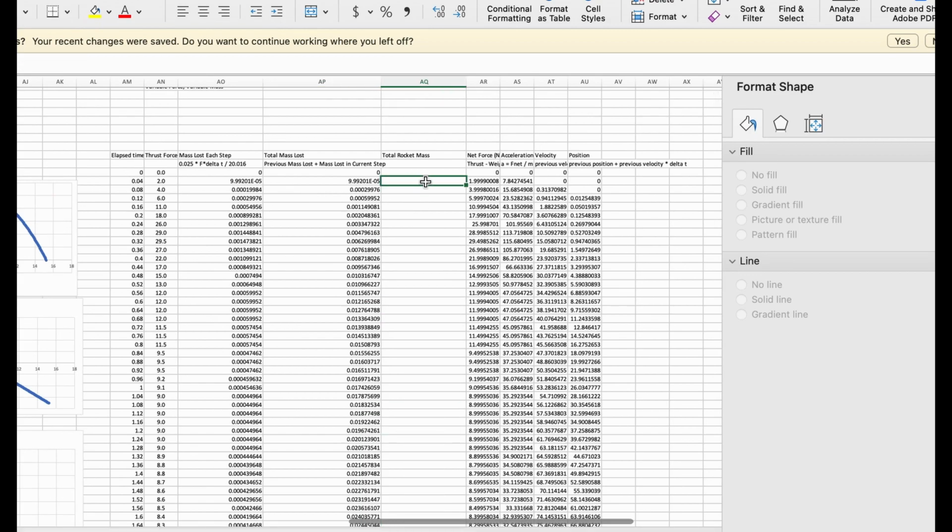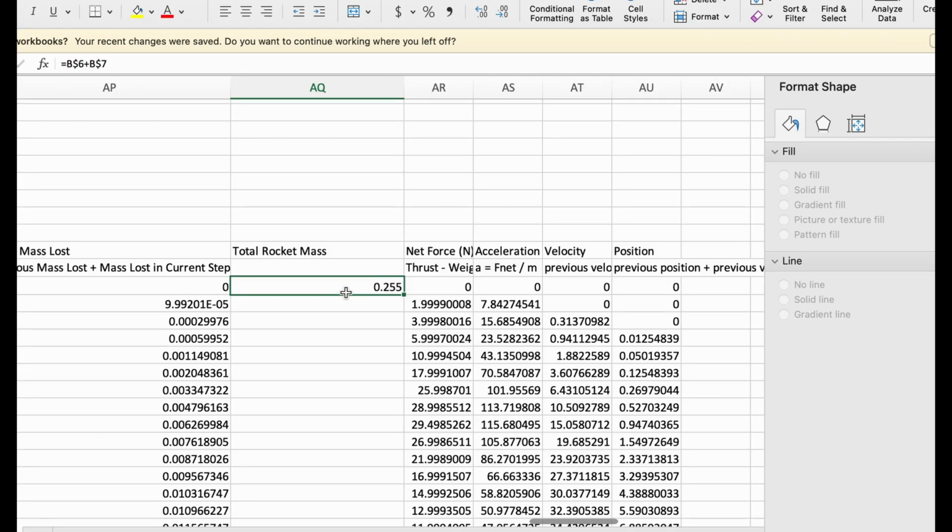We have to calculate the total rocket mass, which will be found by, we start with this 0.255. We'll now want to just take that and subtract the amount that's been lost.